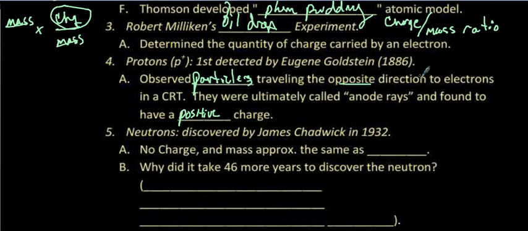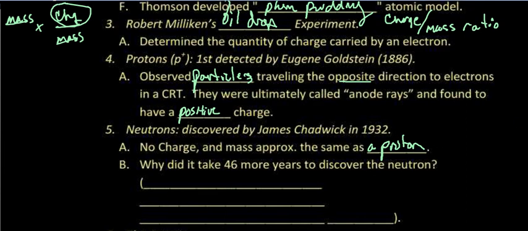Then finally we found neutrons, and neutrons were discovered by James Chadwick in 1932. But notice it took 46 years after Goldstein discovered the protons to discover the neutrons. Okay, there was no charge, and the mass was approximately the same as a proton. So why did it take so many more years?